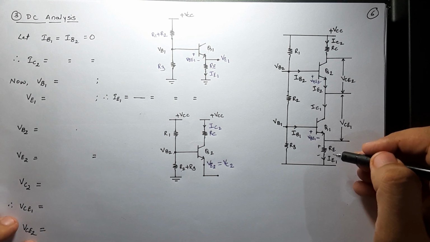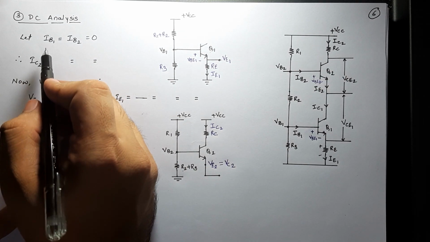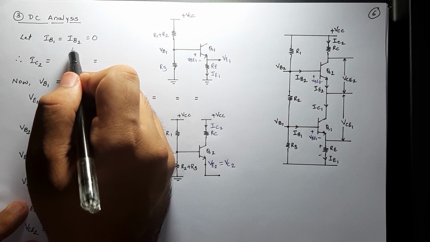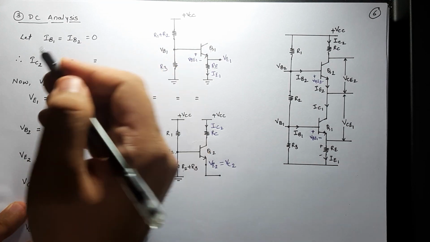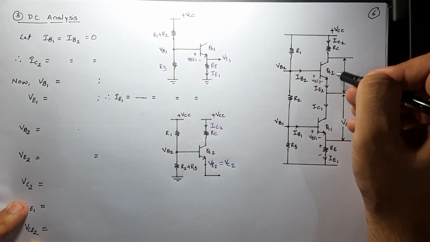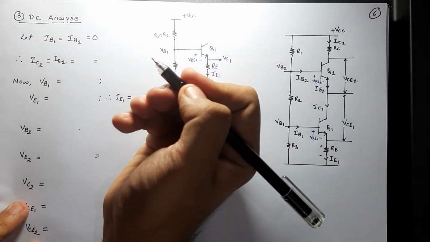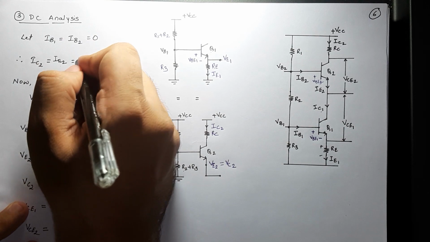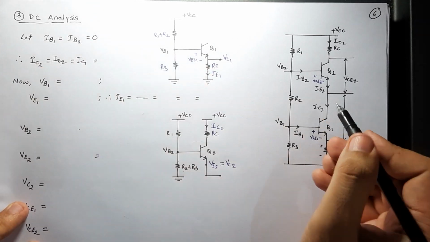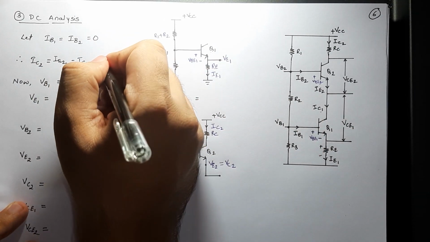I'll put that in writing. If IB1 is equal to IB2, which is equal to 0, then IC2 becomes equal to IE2. Now IE2 is equal to IC1, which is equal to IE1.